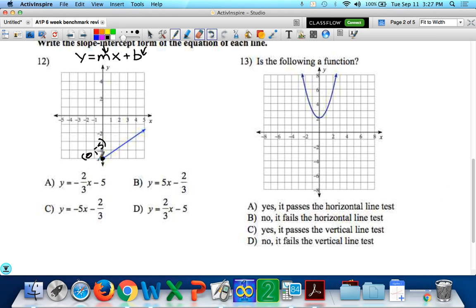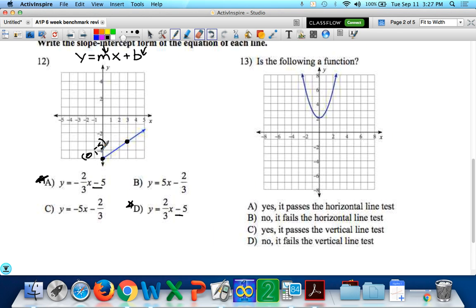But that's also a point on the graph, okay? That pretty much leaves us down to two options, because this has a negative 5 and this has a negative 5 for our intercept. From here, all we have to do is just find the slope. For the slope, however, we're going to need 2 points on the graph. And I can see another one right there. Okay?